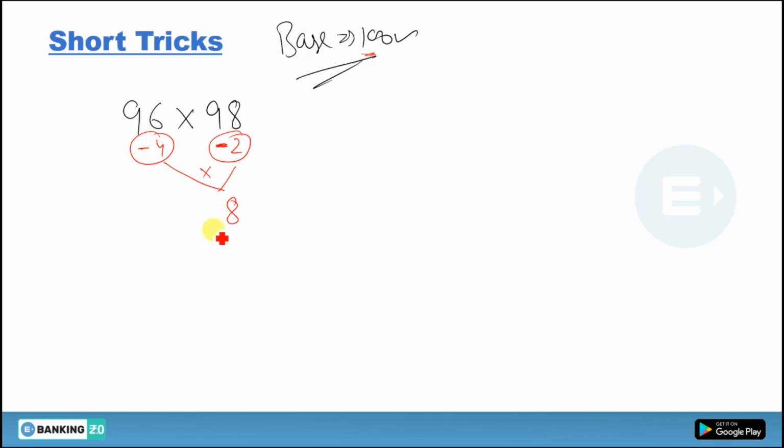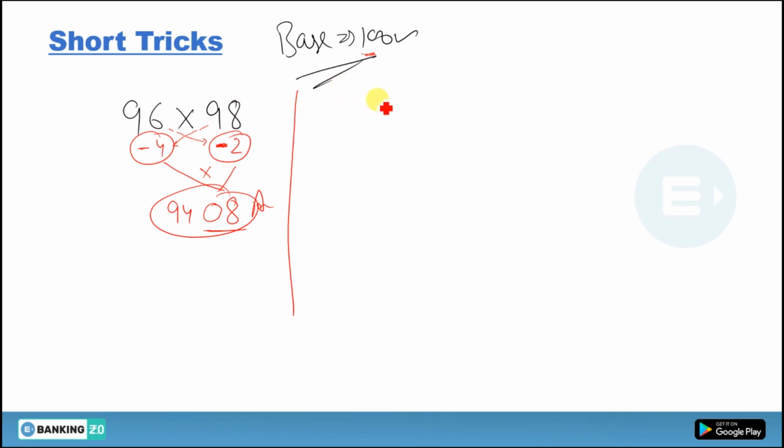But you have to make 2 digits here, so you will get 08, because minus into minus is plus. Now either subtract this 2 from 96 or subtract this 4 from 98. In both cases, 96 minus 2 you are getting 94, or 98 minus 4 you are getting 94, and this one is the answer.